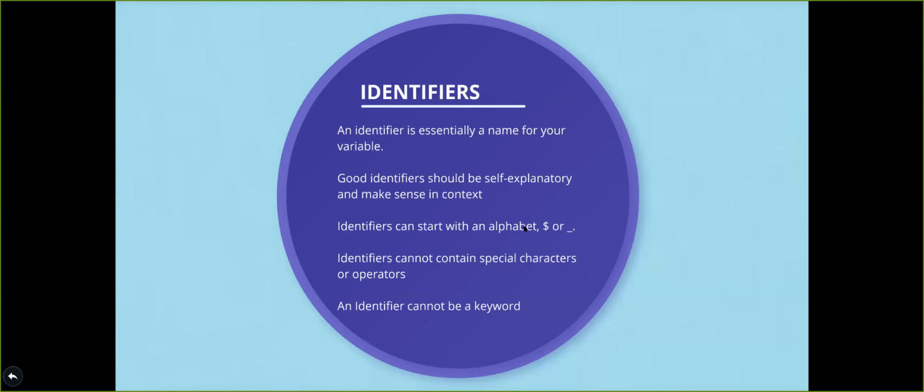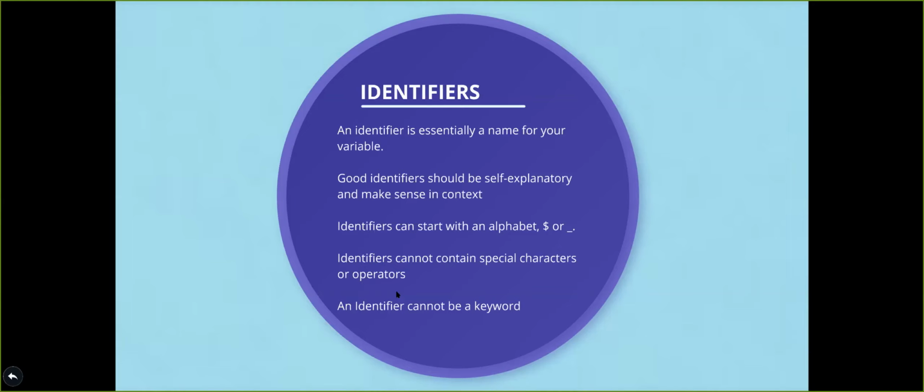And so on. Okay? So identifiers can start with an alphabet, a $, or underscore. You can't have special characters in identifiers. So you can't have a plus or exclamation point or asterisk in identifiers. And the reason is because they have other purposes and they mean a different thing to the program, to the operating system or the platform, right?